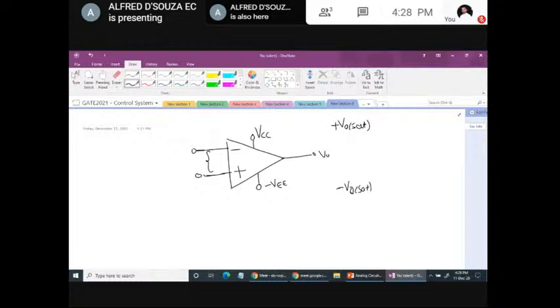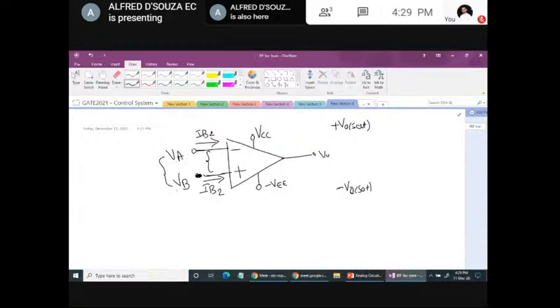Sometimes that is required. Okay, the current entering these two terminals are always assumed to be very less or negligible. And op-amp also has one property called virtual short. Op-amp always tries to maintain these two voltages same.